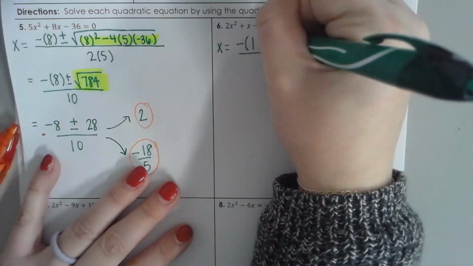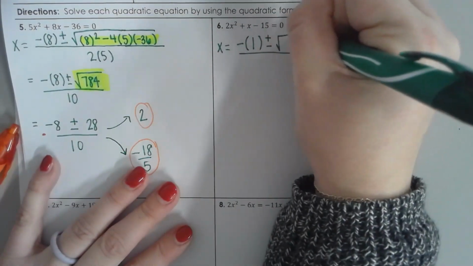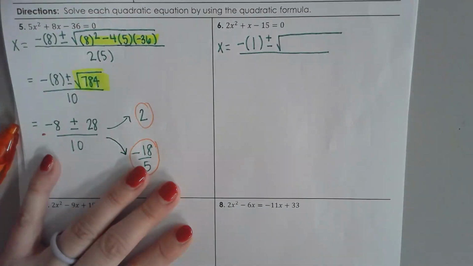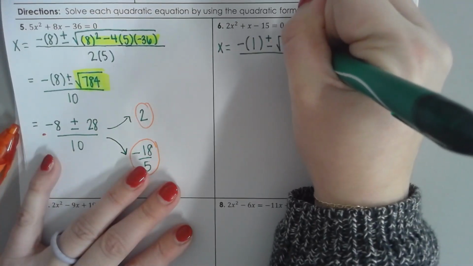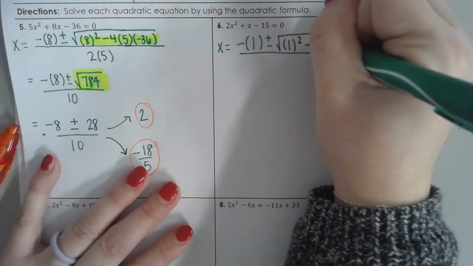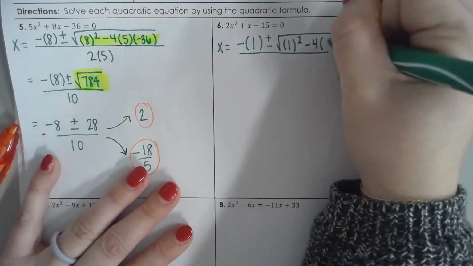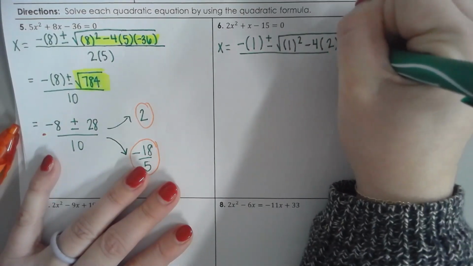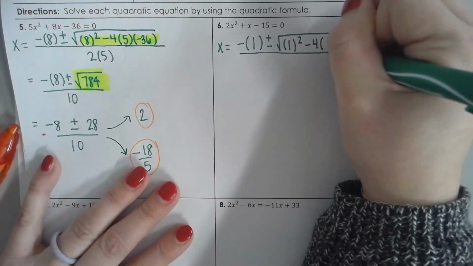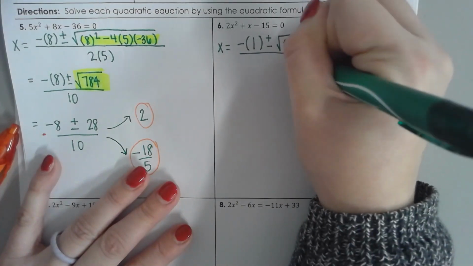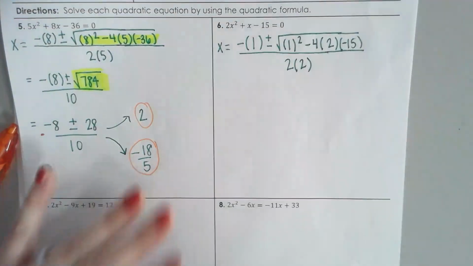Plus or minus the square root of 1 squared minus 4. What's a? 2. And c? Negative 15. All over 2a, and a is 2.